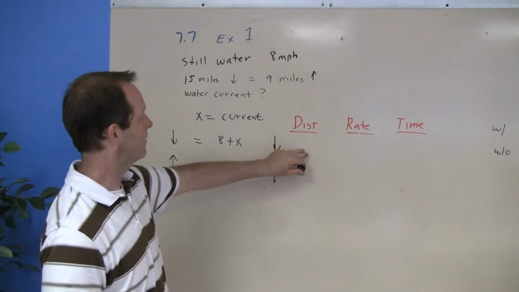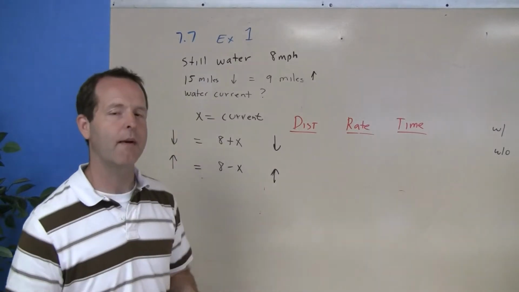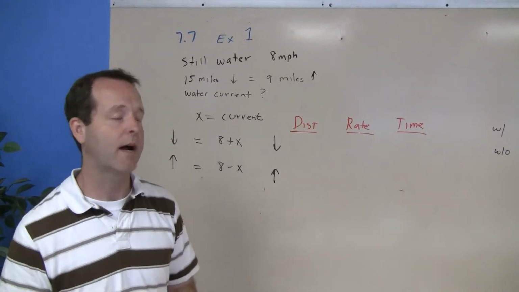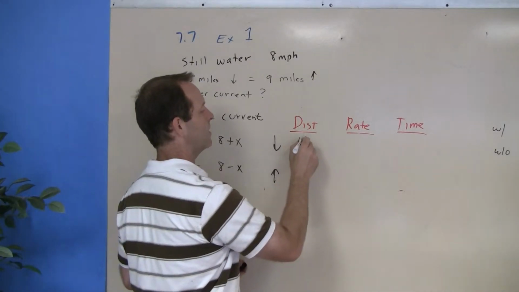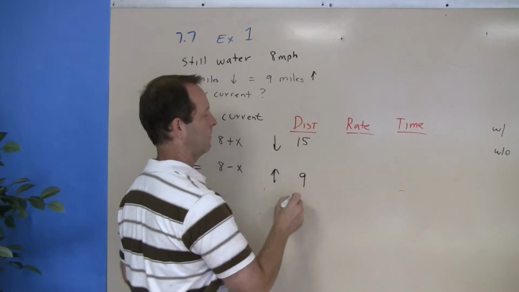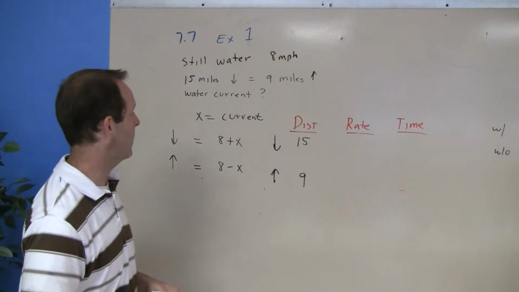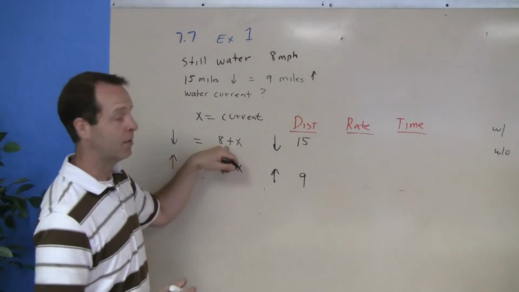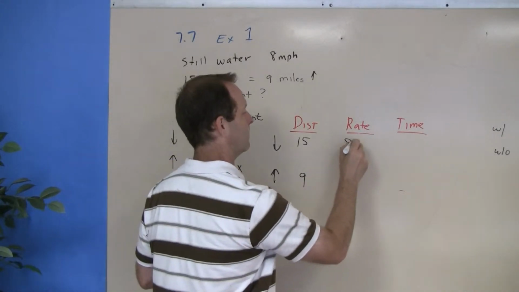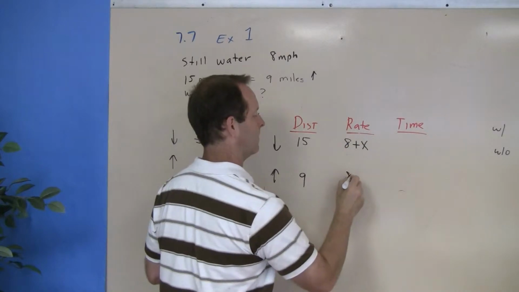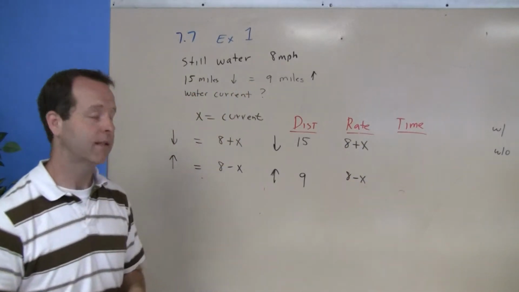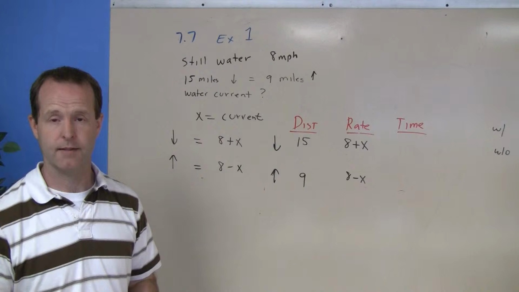The distance: the problem tells me something about 15 miles downstream and 9 miles upstream. So I'm going to use that piece of information. We determined what the rate was. What's the rate of the boat going downstream? It's 8 plus x. And the rate of the boat going upstream is 8 minus x.